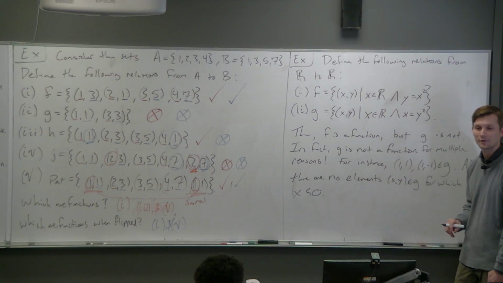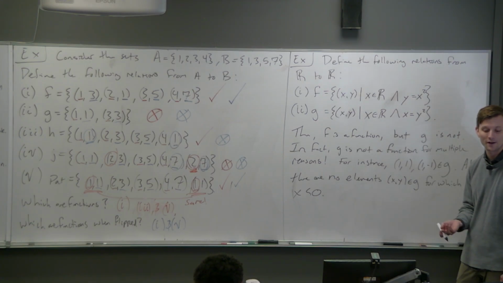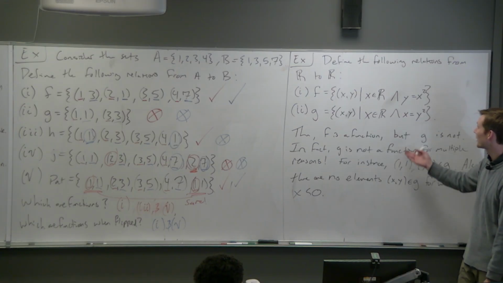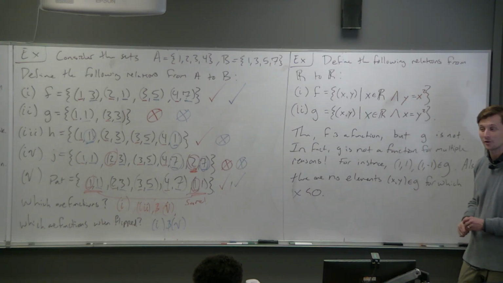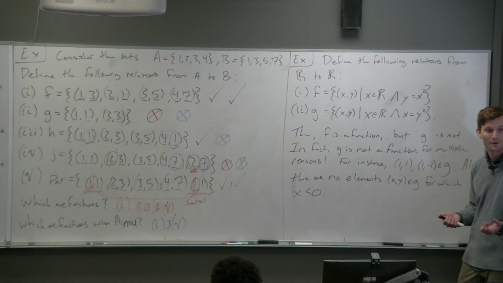So it actually fails to be a function in both ways that it could fail. Both by failing to map everything in the reals to something, and by mapping some things to multiple things. Not everything has an arrow pointing out of it, and some things have more than one arrow pointing out of them. It's bad in both ways.